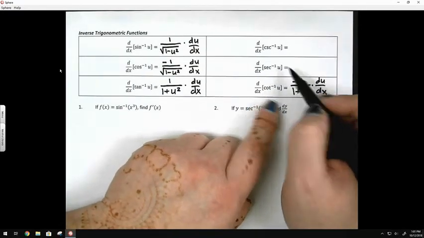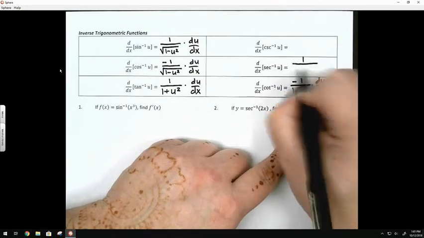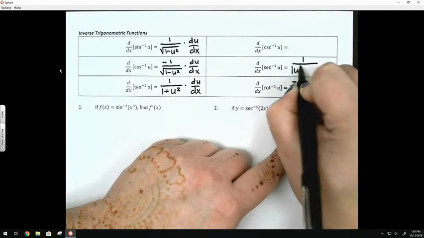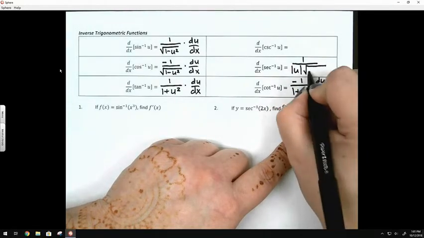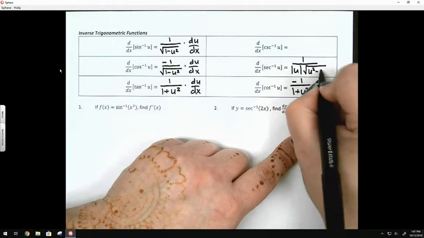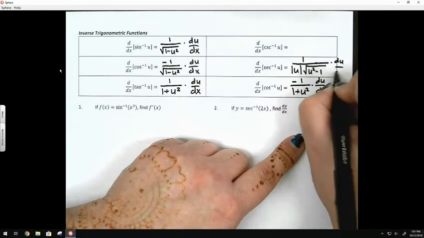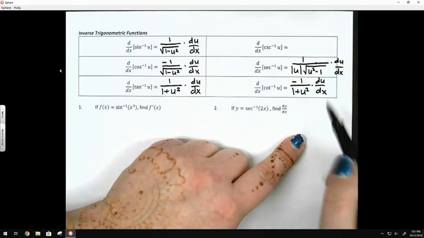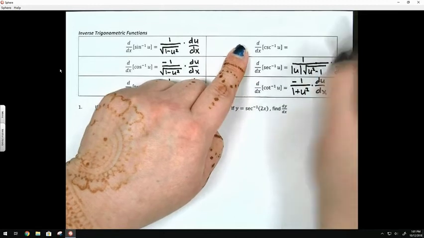Secant inverse of u, so the derivative of secant inverse is 1 over the absolute value of u times the square root of u squared minus 1, and then times du/dx. And cosecant inverse is just the negative of secant inverse.